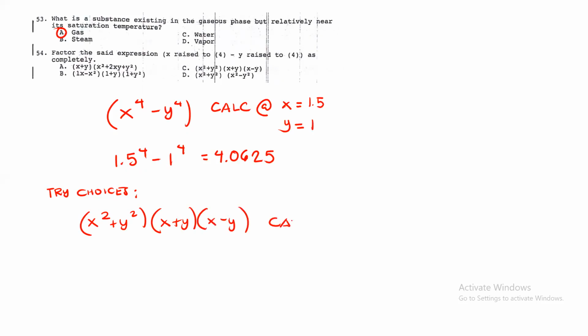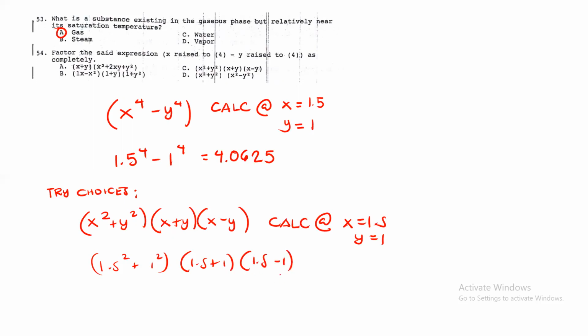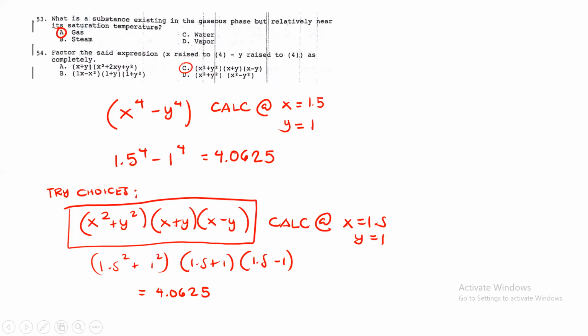Calc at x equals 1.5, y equals 1: 1.5 squared plus 1 squared times 1.5 plus 1 times 1.5 minus 1 gives 4.0625. Since the results are the same, this is our answer. Our trial on the choices was correct. So letter C.